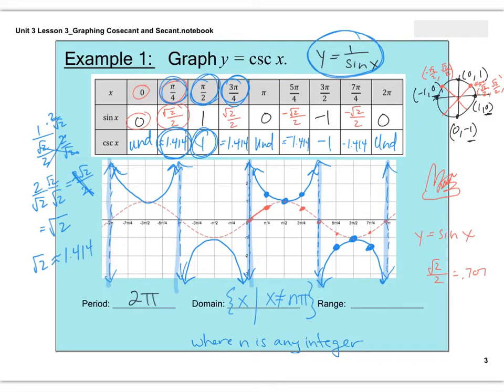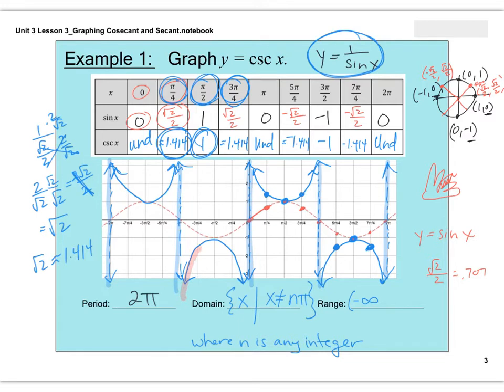Let's think about the y values, the range. How high up and down can it go? Well, it can go forever up and forever down, but there's this span in the middle where you're not going to get any y values. So the range, it can go forever downward. It can start at negative infinity, but as it comes up, let me just trace it here.